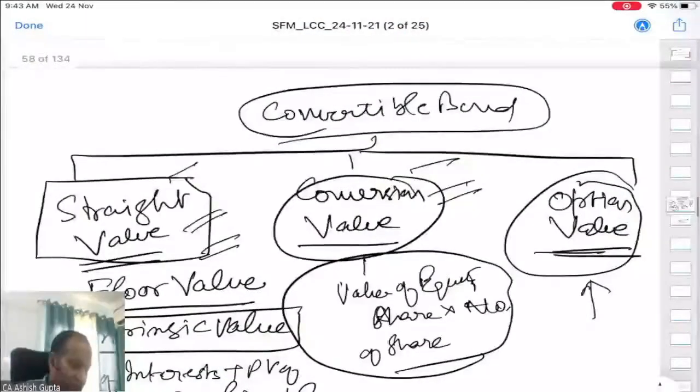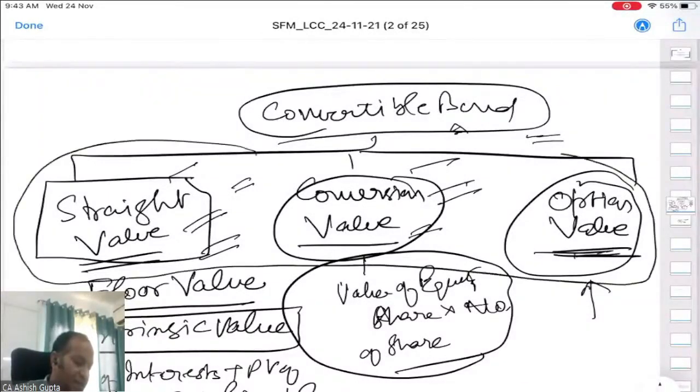I think you may be talking about this. It is not a chart, but see here. A convertible bond is a kind of package relating to straight value, which means the floor value, conversion value, and option value. So it is basically related to these three concepts.